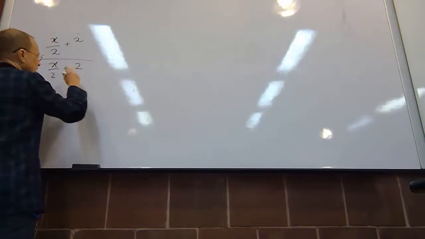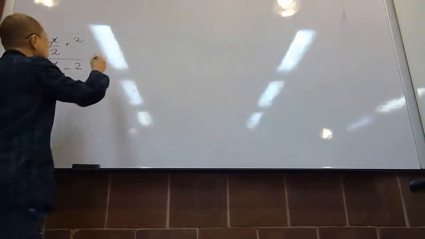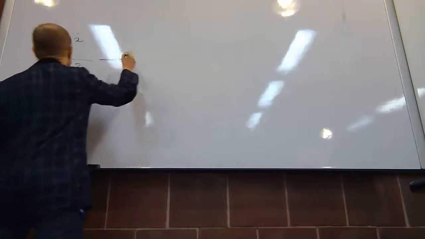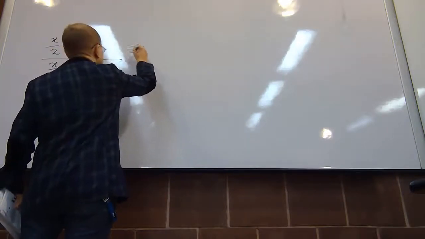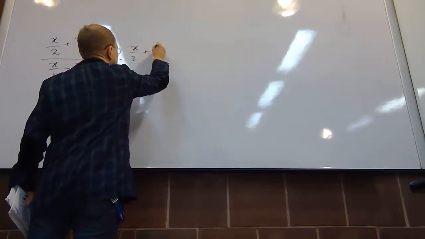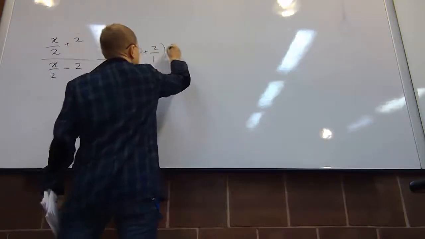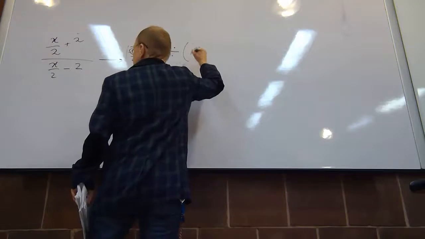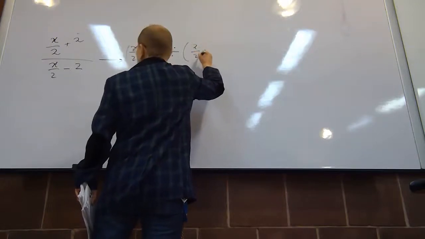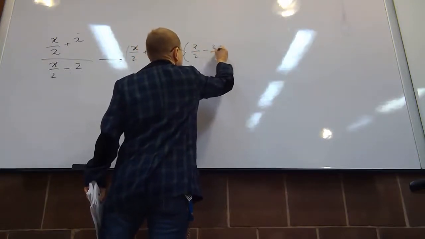So I can do this: x over 2 plus 2 over 1, all right? And I'll put that in a bracket and divided by x over 2 minus 2 over 1.